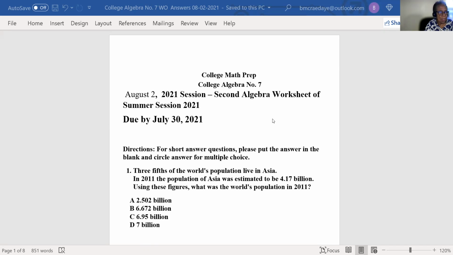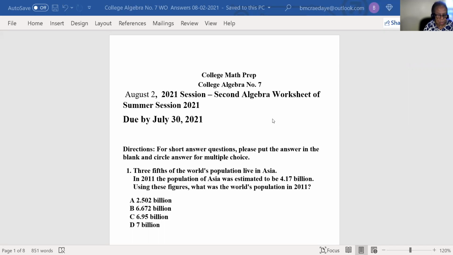So let's get started. The first problem: 3/5 of the world's population live in Asia. In 2011, the population of Asia was estimated to be 4.17 billion. Using these figures, what was the world's population in 2011?